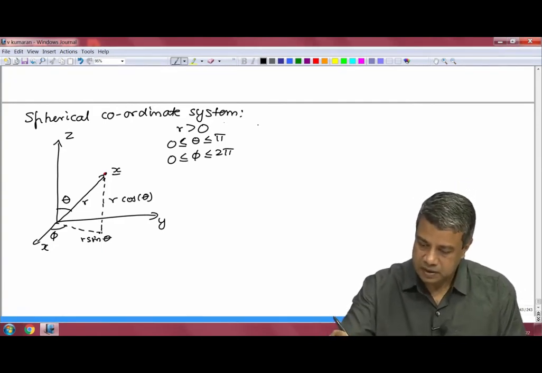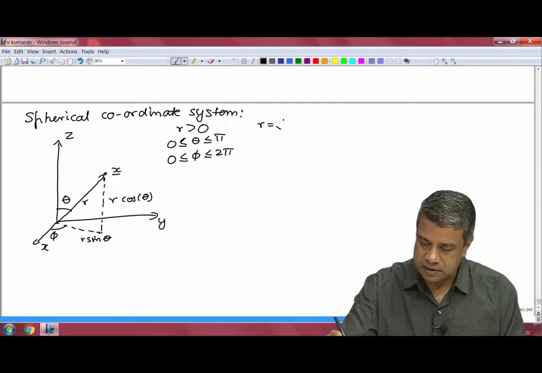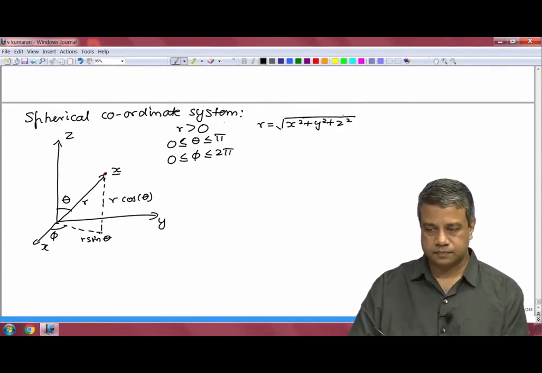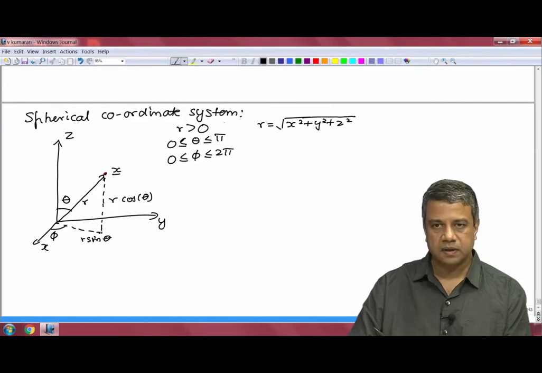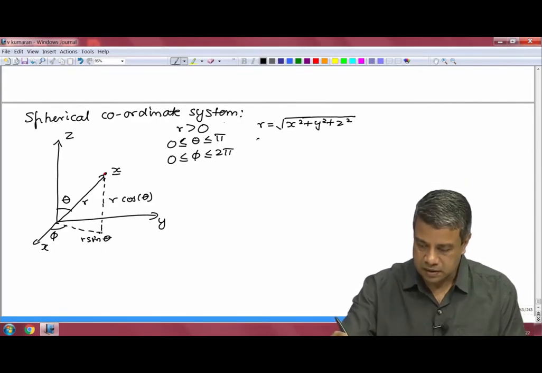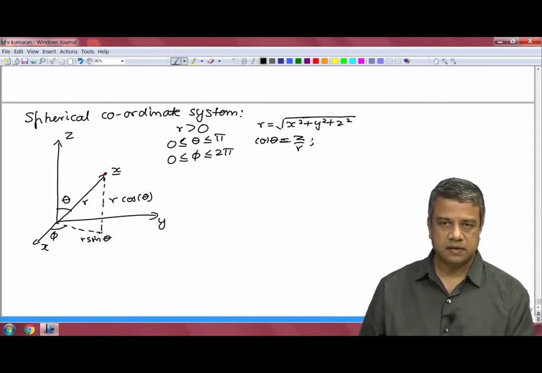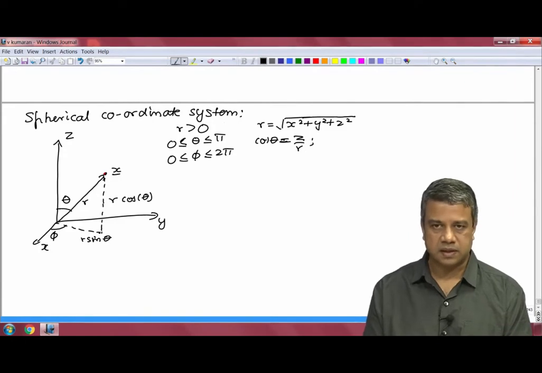So, therefore, r has to be equal to the distance, which is square root of x square plus y square plus z square. The angle theta: cos theta is equal to z by r. Z divided by the distance from the origin, that is cos theta.